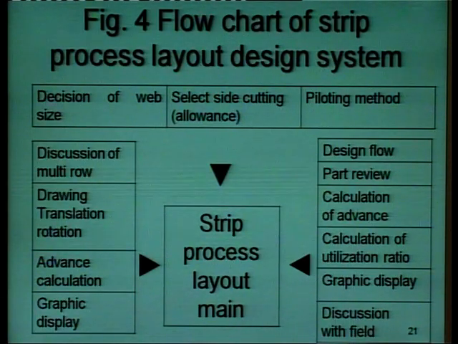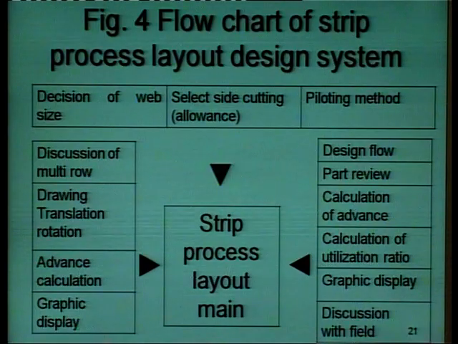Now, the various factors which affect it are, first, the decision of web size, how much is the size of the web, that is, the distance between the blanks and the distance between the blank and the nearest edge. How much side cutting allowance should be given, and what should be the piloting method.